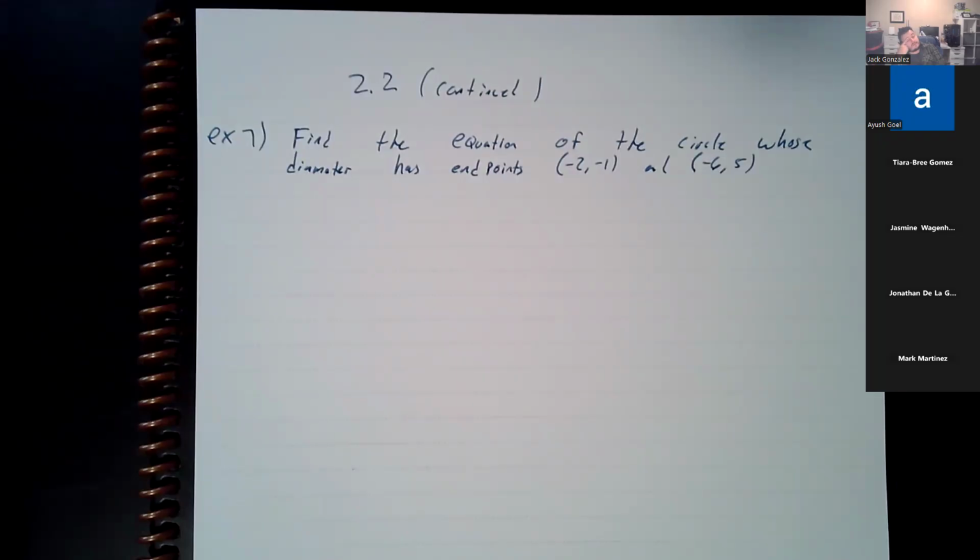So this time we don't have the center, we don't have the radius. We have 2 points that form the diameter.